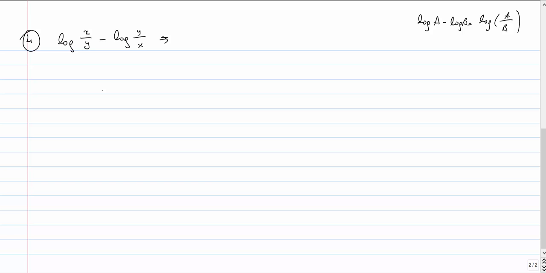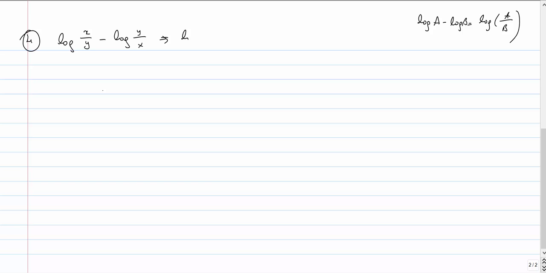For problem 4, log x over y minus log y over x. Now I'm going to apply the same property I applied in 3. Log a minus log b is log a over b.